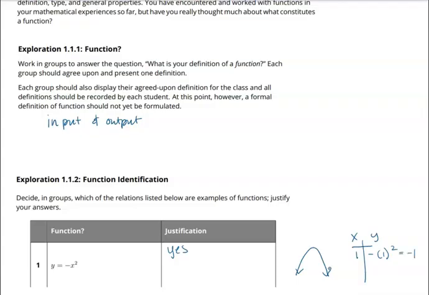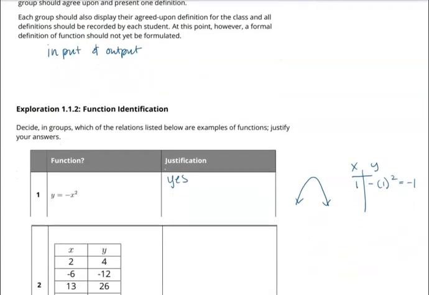That's the only possible output if I plug in 1 to this function. So that proves mathematically what we were looking at graphically. So yes, and our justification is either this graph or a table where we plugged in a value and proved that we can only get one unique output. All right, let's try that next one.